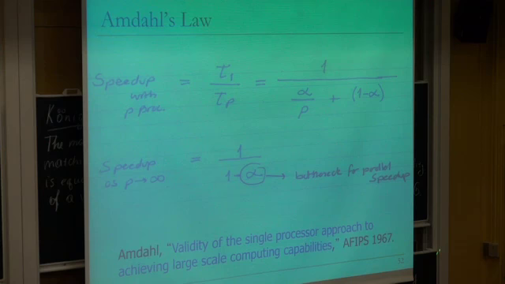That was his point in 1967. And that's why the paper is titled Validity of the Single Processor Approach to Achieving Large-Scale Computing Capabilities. He said, actually improve your single processor rather than building multiprocessors, right? Which is partially true to some extent, but there should be a balance. When you design your multiprocessor, you should never forget about the alpha. Right?